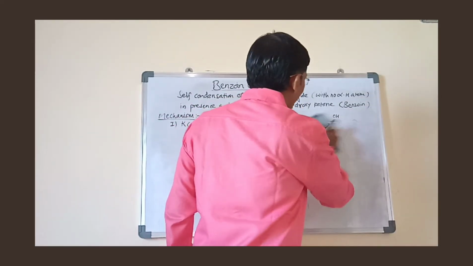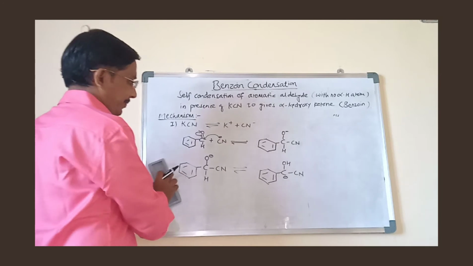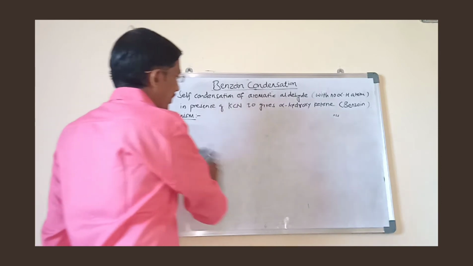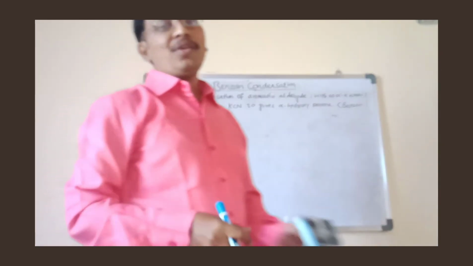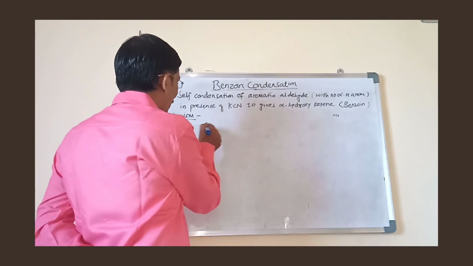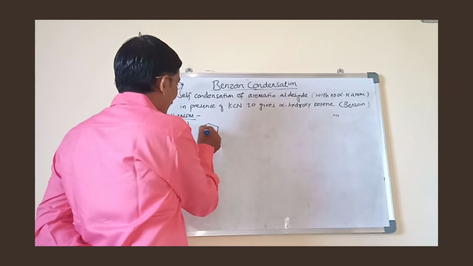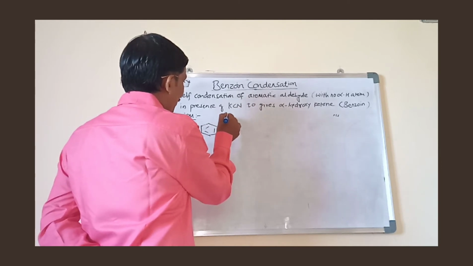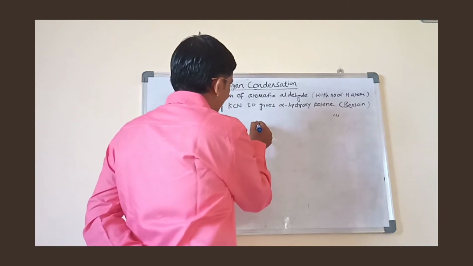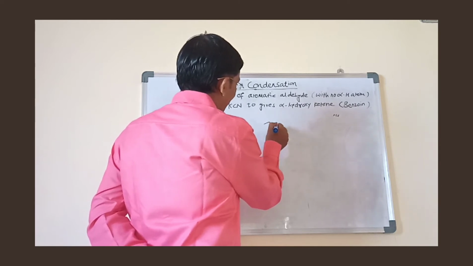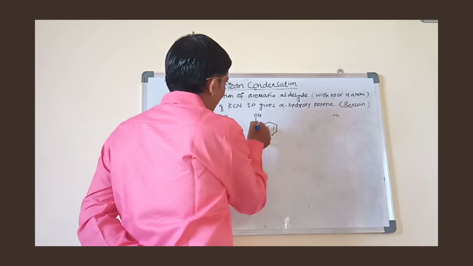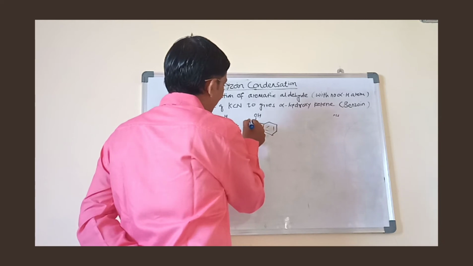Then we will see the next step. Once that carbon gets the negative charge, it will attack the second molecule of the aromatic aldehyde, that is benzaldehyde. We have two aromatic aldehydes. Out of these, the second aromatic aldehyde, CHO, plus whatever carbanion is generated here, COH, here the CN, and that carbon having the negative charge.